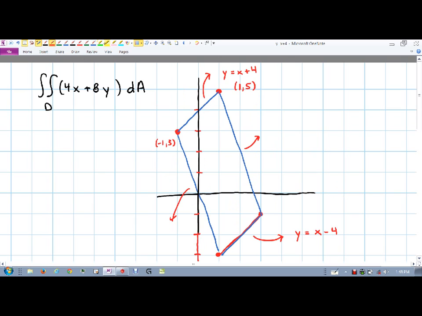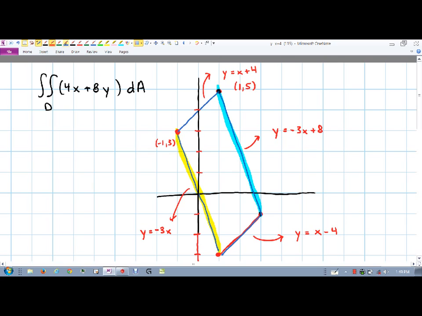What about this one? What's the equation of that line? y equals -3x because it goes through the origin. And what about this one over here? y equals -3x plus 8. Y'all see that?